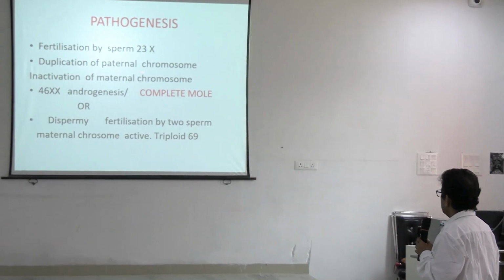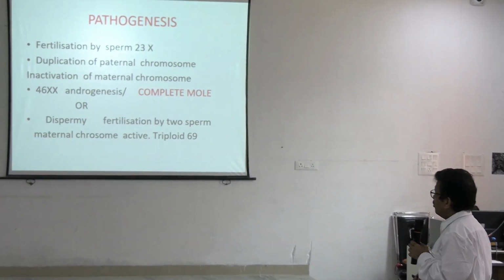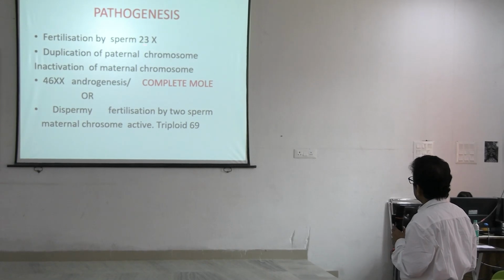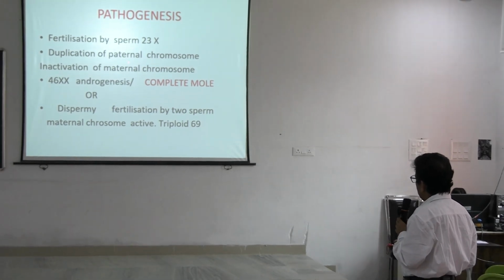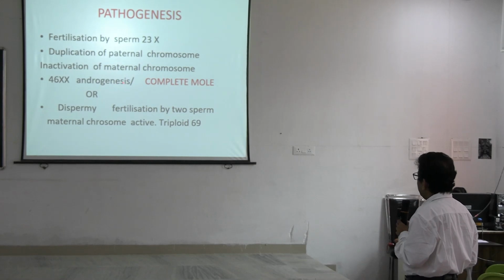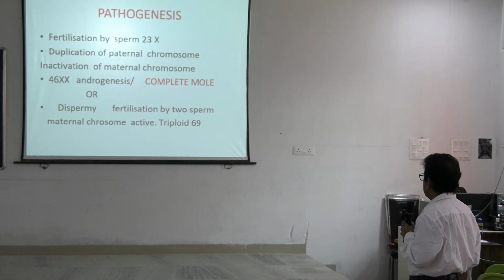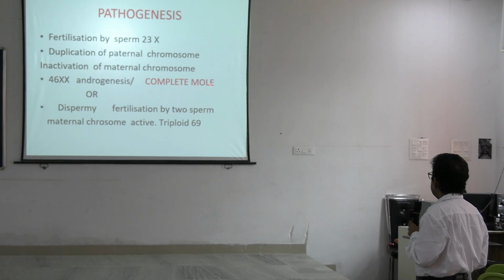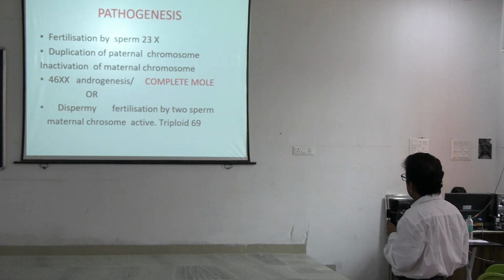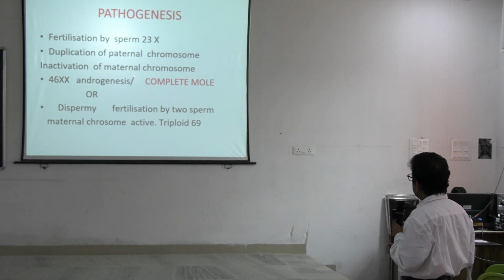Inactivation of the maternal chromosome is a likely possibility, or the ovum may be empty because the chromosome is not found. Either of the two is the cause. This is called androgenesis, 46XX from the paternal side. That is the cause of complete mole. So complete mole is due to androgenesis.